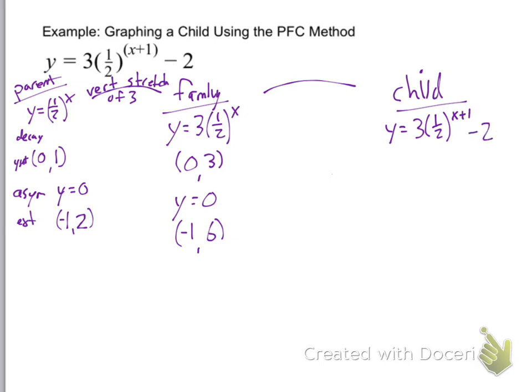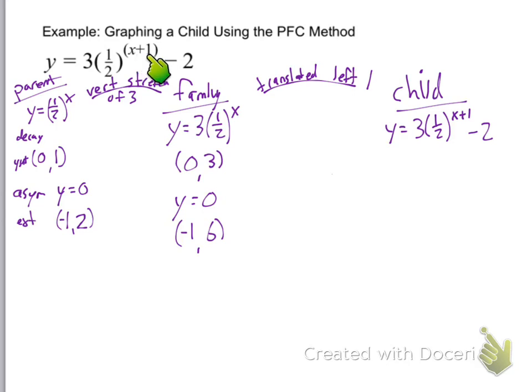And what are the words? What are we doing to this graph? Translated, where's it going? Left? Right. Left. How far? 1. Remember, if it's with x, it's going to go left or right.